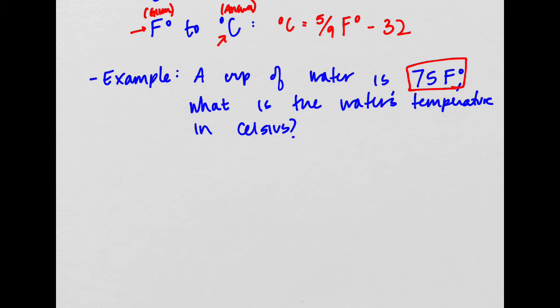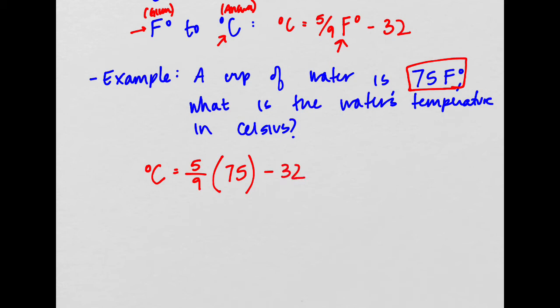So let's say we have degrees Celsius, since that's what we're looking for, equals 5 divided by 9 times our degrees in Fahrenheit, right here. We were given 75 degrees Fahrenheit, and then minus 32.